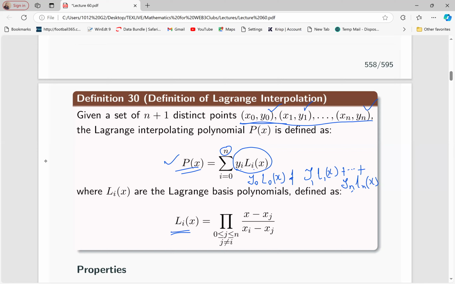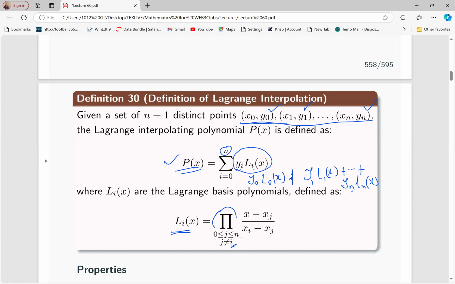To get l_i(x), we take x minus x_j divided by x_i minus x_j, a product, multiplying over j from 0 to n, and j should not be equal to i.